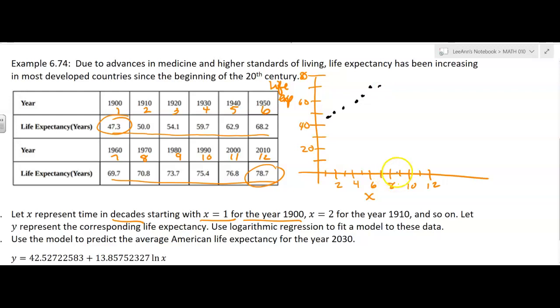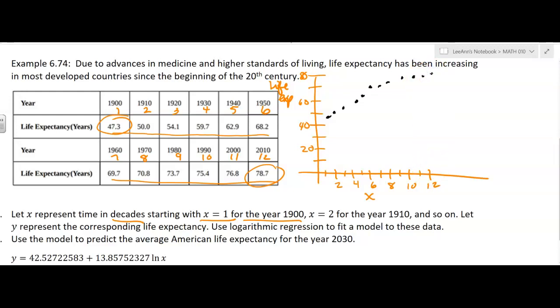And then 8 was just over 70. Really see this leveling off. 9 was 73, so a little bit higher. 10 was 75. I think I have them a little too high. 11 was a little bit higher, but not much. And then 12 was just a little bit higher.